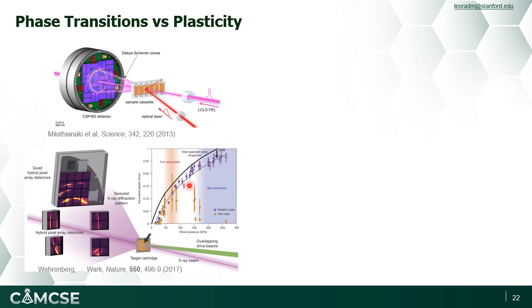Suffice it to say, what this has been able to demonstrate for us is the really subtle behaviors within the lattice of a crystal during shock compression that give us the ability to now see very new types of phenomena that weren't really accessible to us before we had these shock and diffraction experiments.